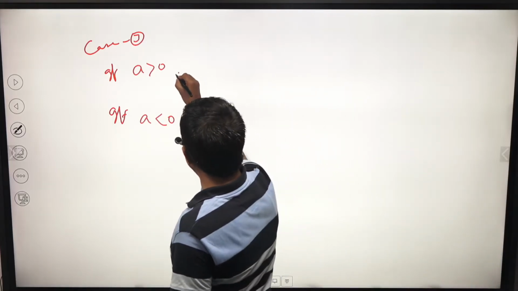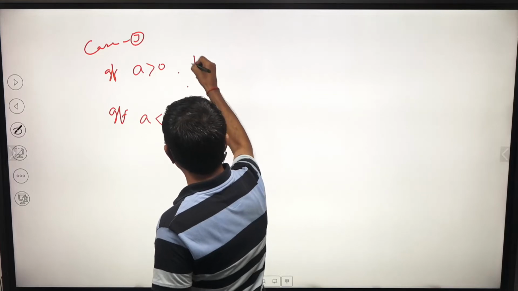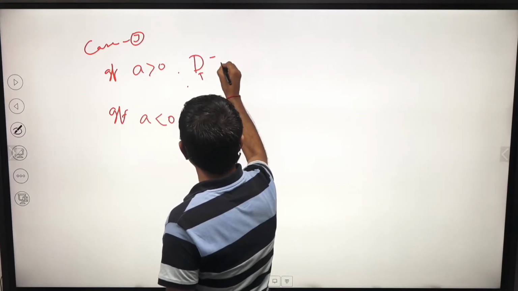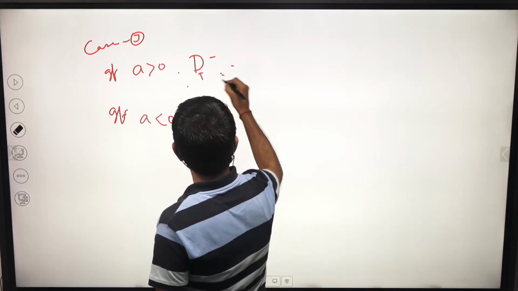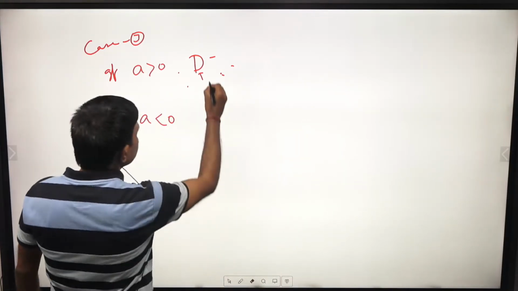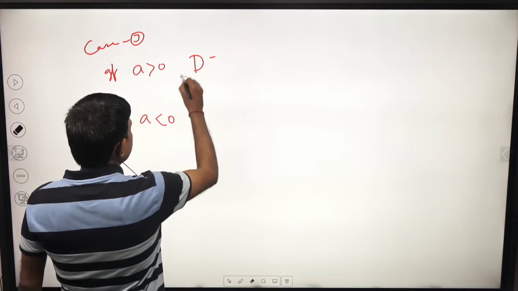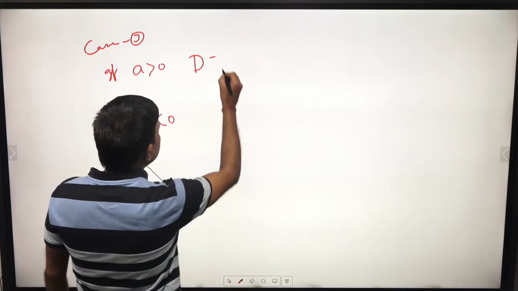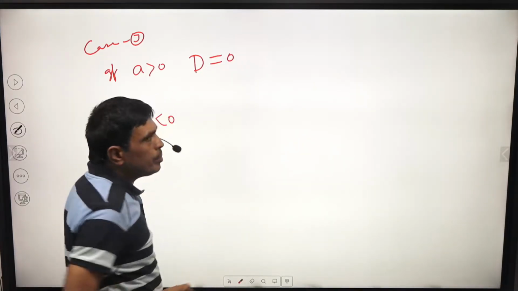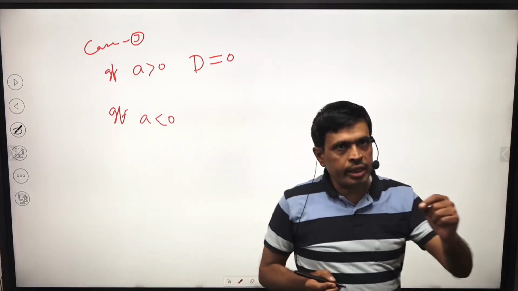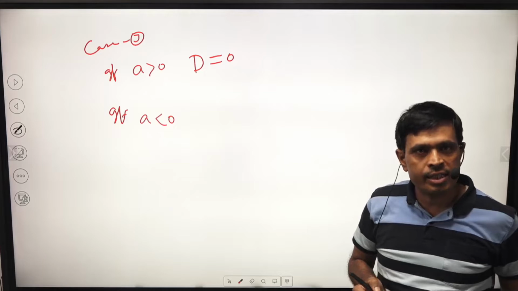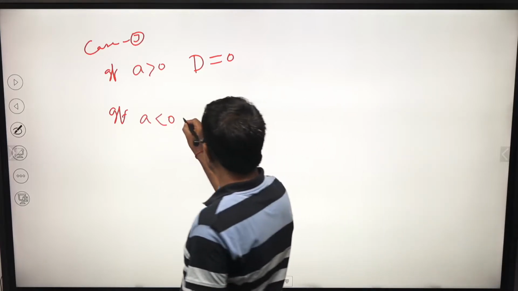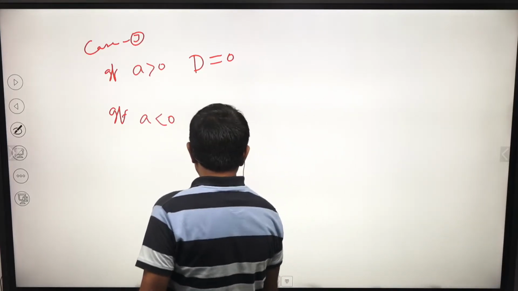And if D is 0, that means the quadratic polynomial touches the x-axis.